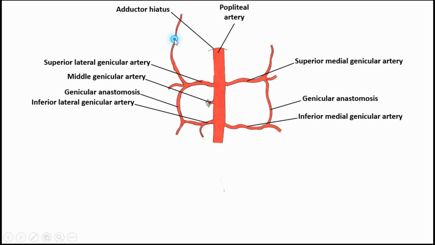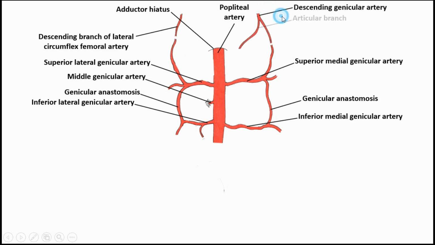And as we mentioned previously, we have a lot of anastomosis occurring from superior vessels. The descending branch of the lateral circumflex femoral artery meets up with the superior lateral genicular branches and their contribution to the genicular anastomosis. And we've got the descending genicular artery's saphenous branch anastomosing with the superior medial genicular.